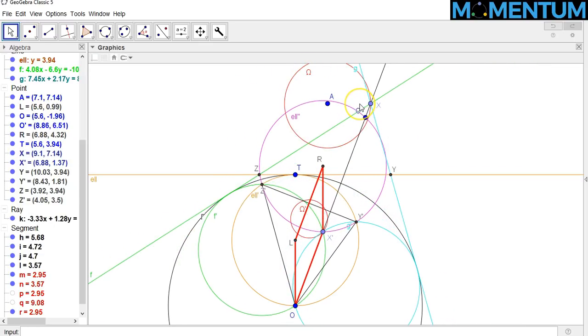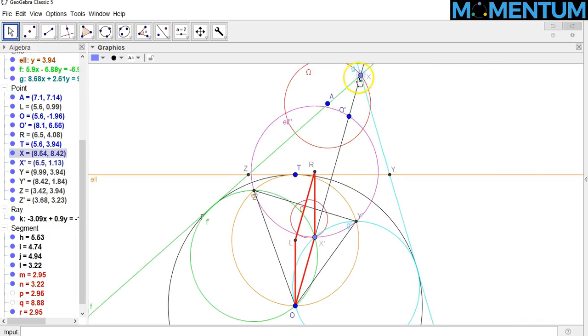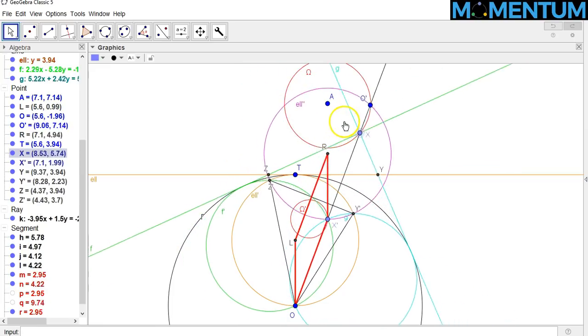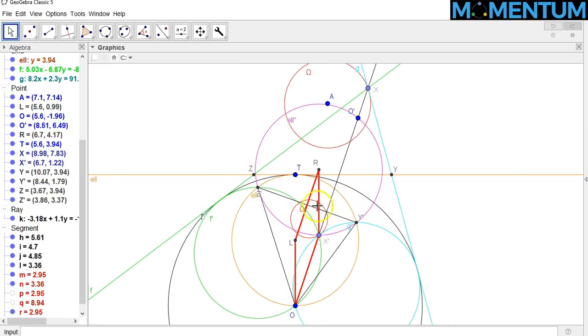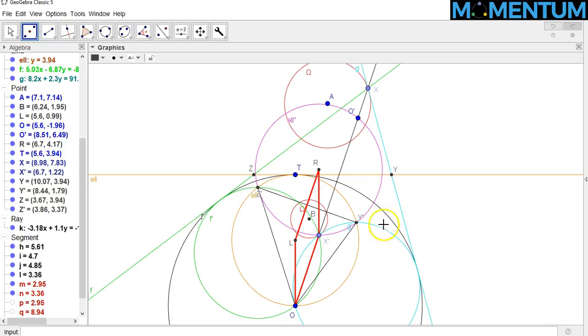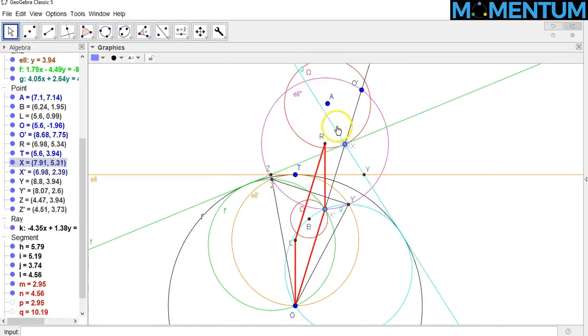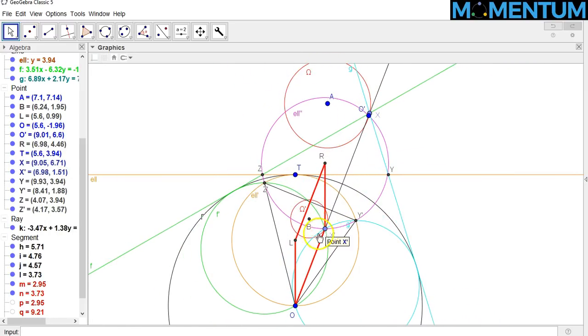It looks like, because L and O are fixed, all I'm doing as I go around our original circle is that this point X prime goes around the center of this circle, which I can label as, let's call it B, I guess. So my point of interest, this X prime here, circles around omega prime, around this circle B.